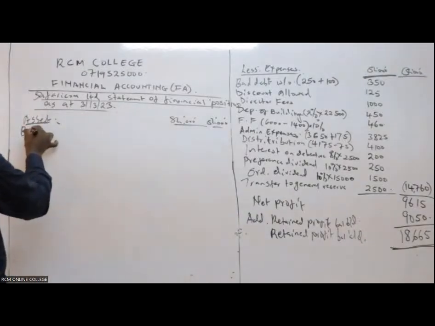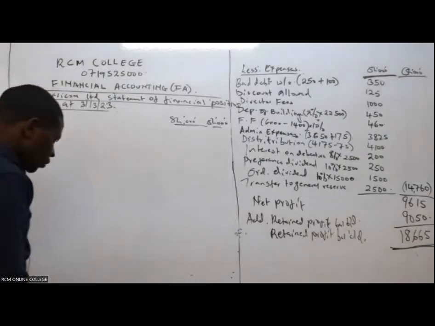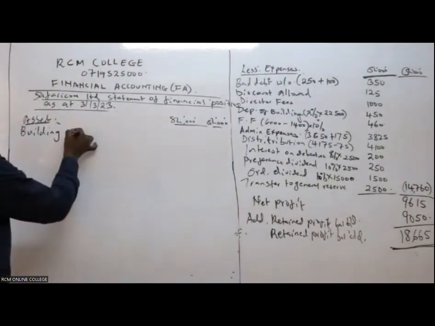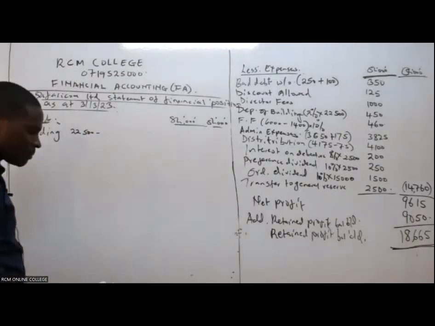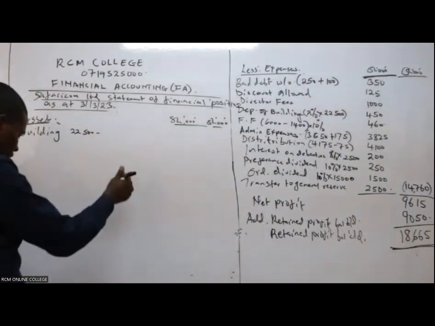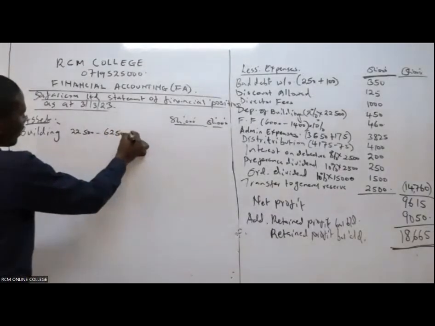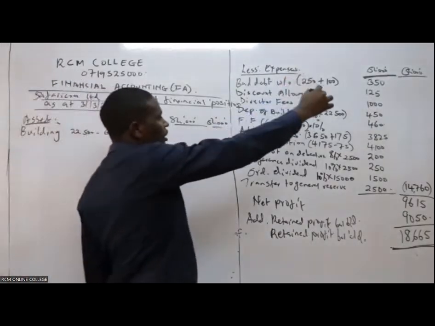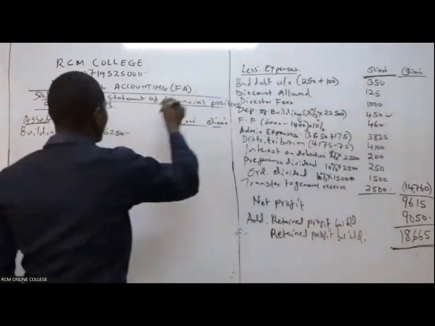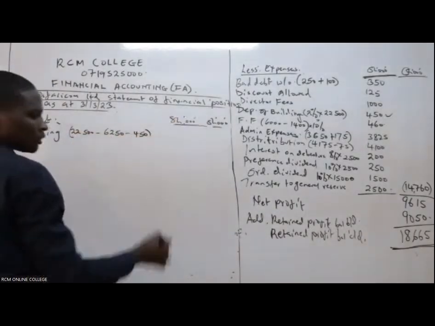So what will be the value of my building? The cost was 22,500. I raise the accumulated depreciation, which was 6,250, and then the depreciation for the year for building, which was 450. Whatever I get, I put at the end column.